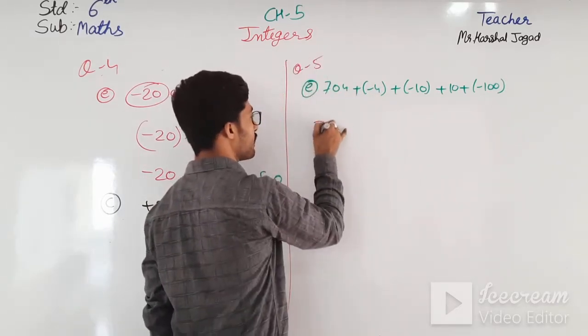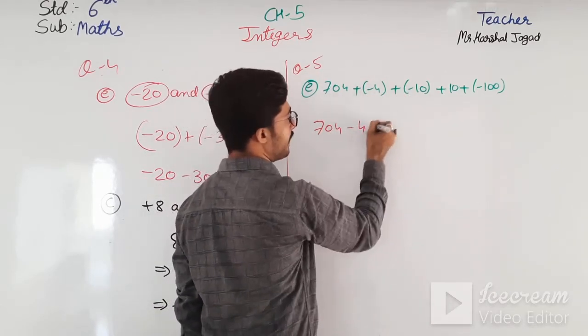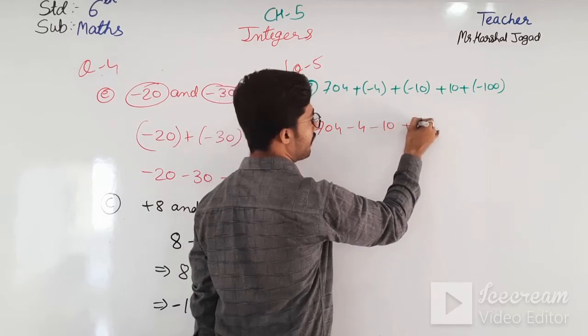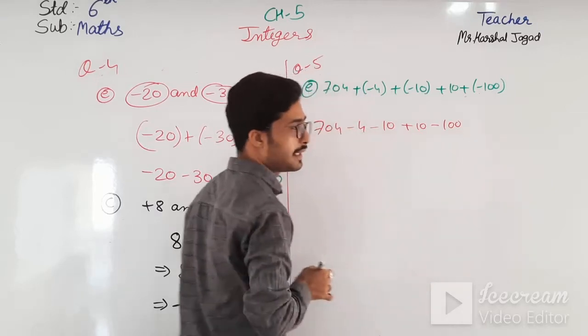So in that, 704 plus minus minus 4 plus minus minus 10 plus 10 plus minus minus 100.